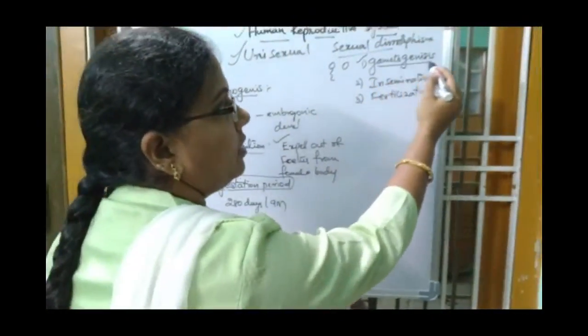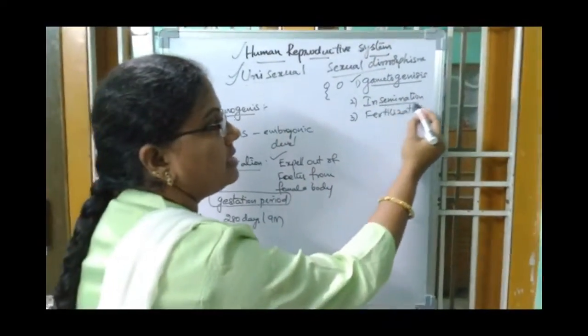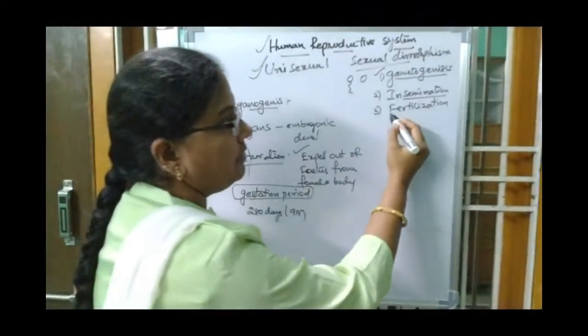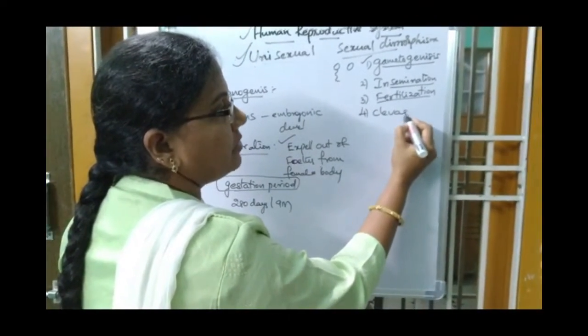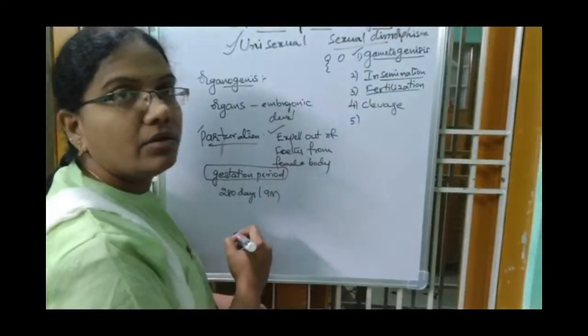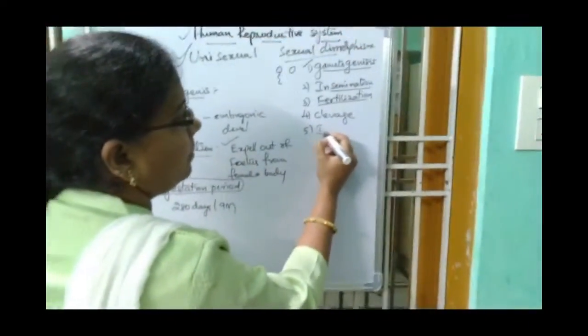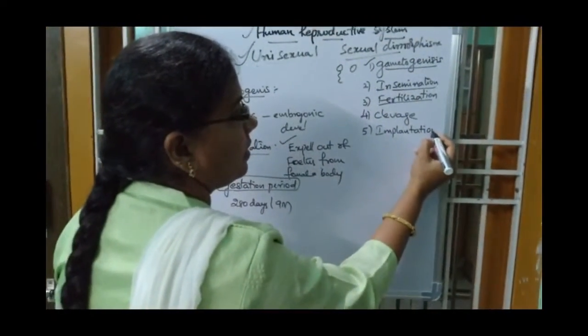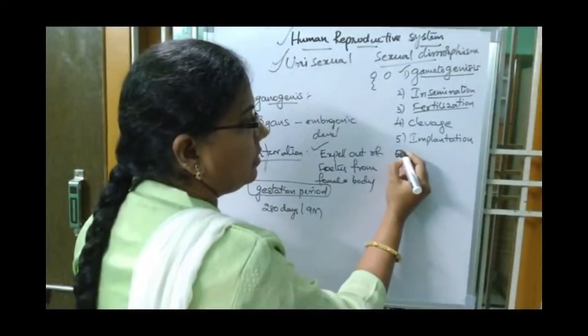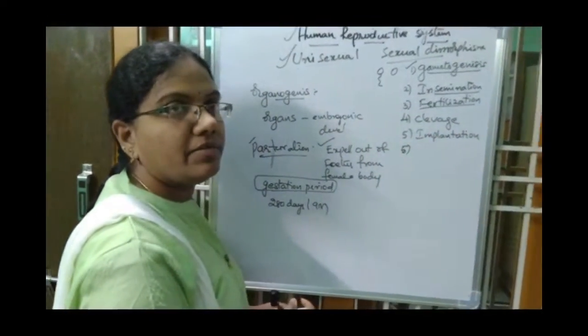The first phase is gametogenesis. The second phase is insemination. The third phase is fertilization. The fourth phase is the cleavage phase.